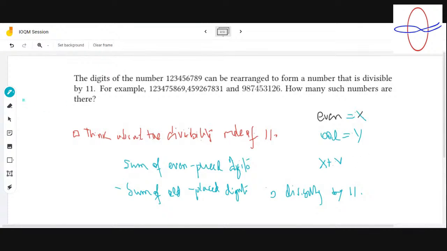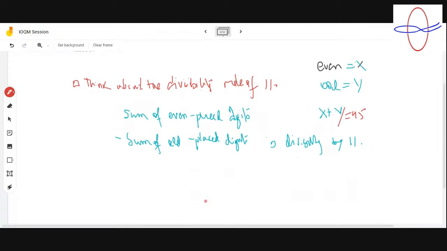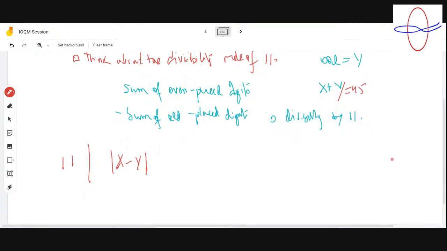Perfect. x plus y is equal to 45. If x plus y is equal to 45, then what we are trying to see is that the modulus of x minus y must be divisible by 11. 11 must divide it.